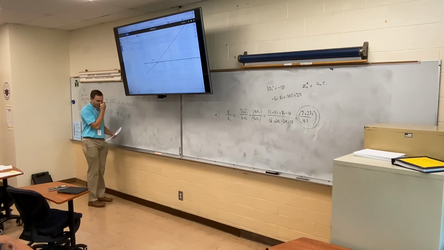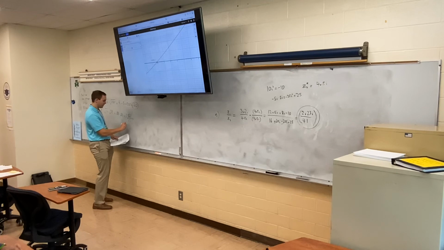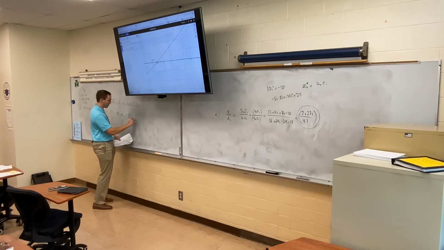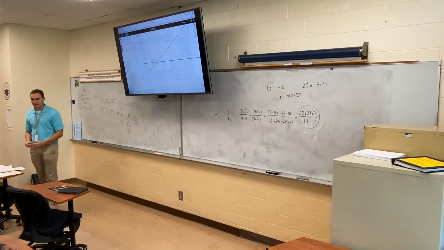What's i squared equal to? Negative 1, so negative, and then how can I simplify root 45? So it's the square root of 9 times the square root of 5. So it's negative 3 root 5.